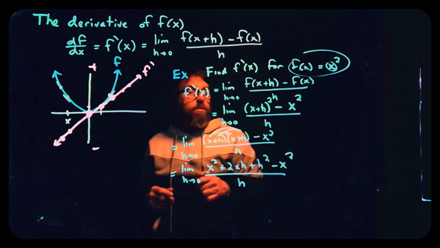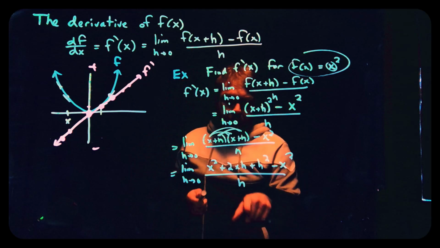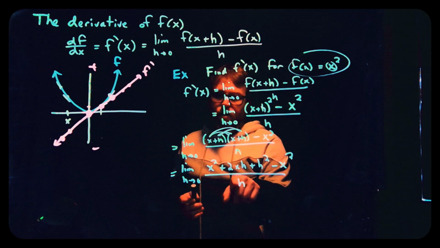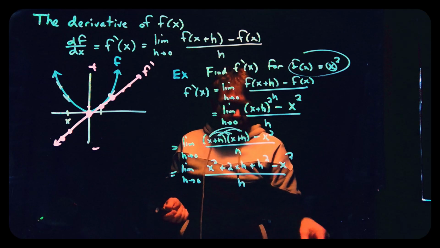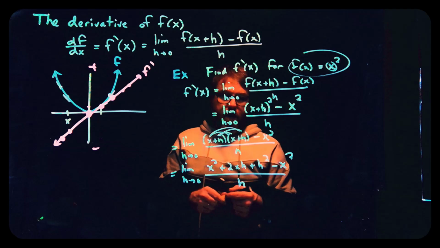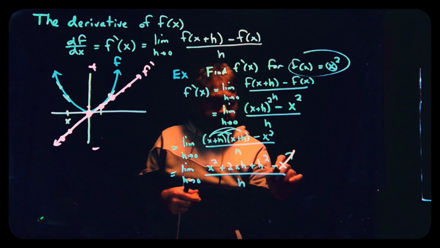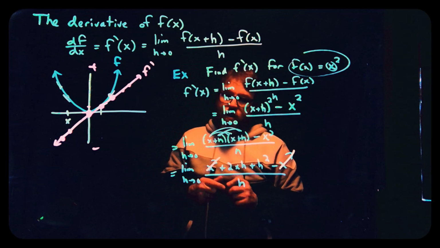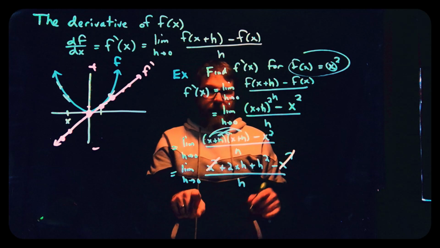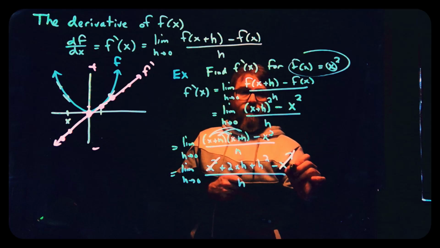Now, very similar to what happened with the derivative at points, I'm really hoping to get rid of this h at the bottom. So the only terms I would like to still have on top are terms that have an h in them. And I can see that this x squared doesn't have an h in it. This x squared doesn't have an h in it. That's nice, so those get to go away. And now I can factor an h out of this numerator.